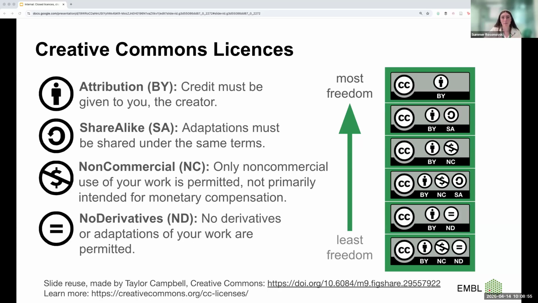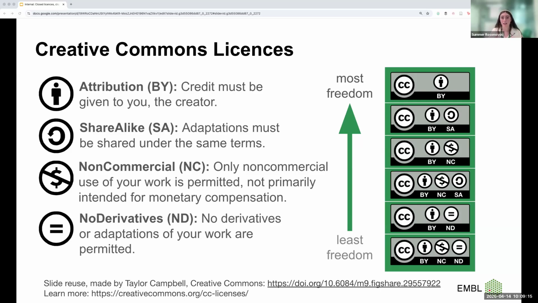So when we look at CC BY, this enables the reusers to distribute, remix, adapt, and build on the material in any medium or format. Attribution must be given to the creator. This license also allows for commercial use, meaning that someone can reuse your work as long as they attribute you.